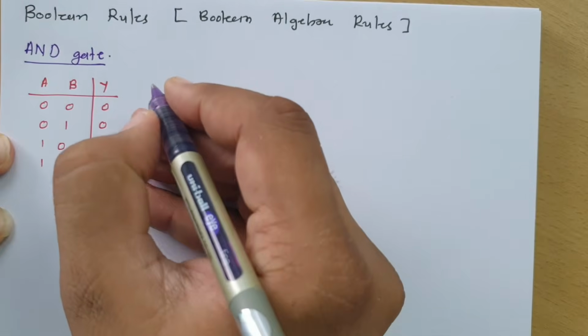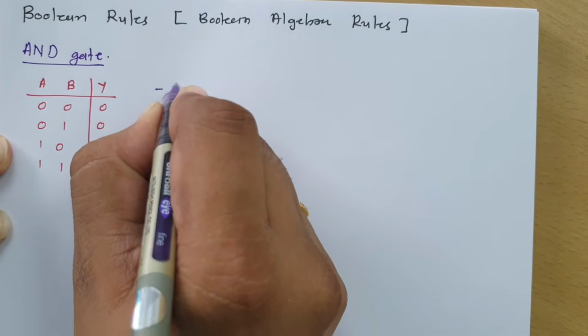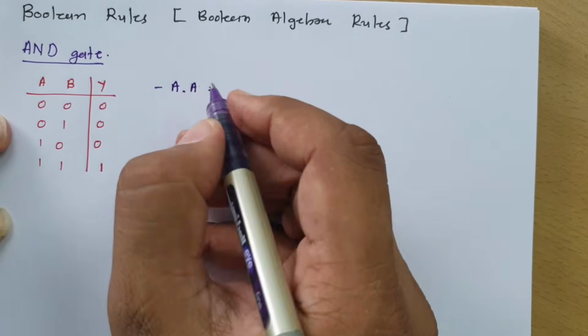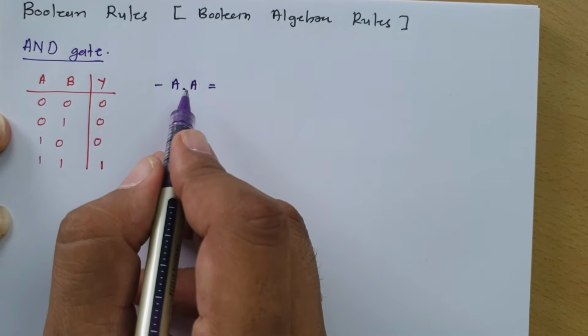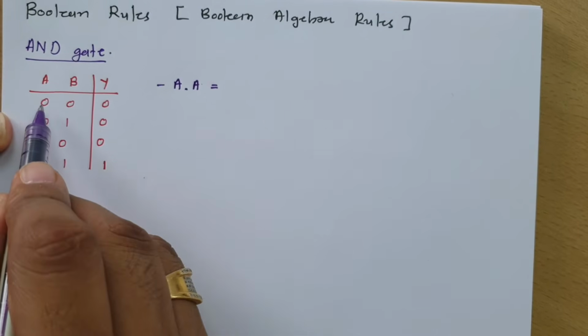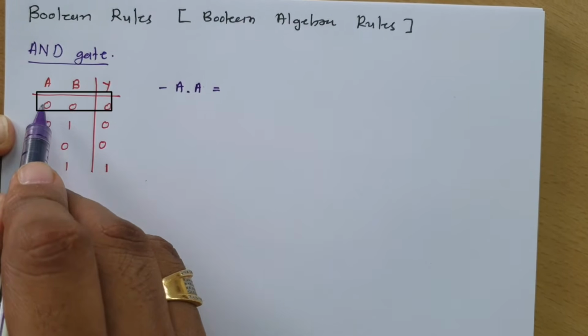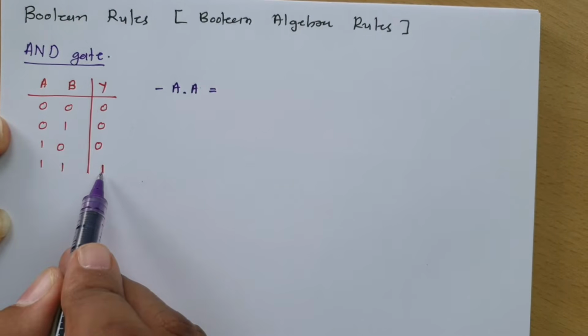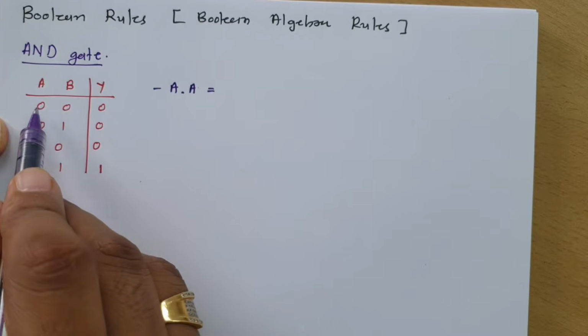First one will be A dot A. What is A dot A? It means ANDing of A with A only. If A is 0, then 0 dot 0 is 0, and if A is 1, then 1 dot 1 is 1. So that is A only.